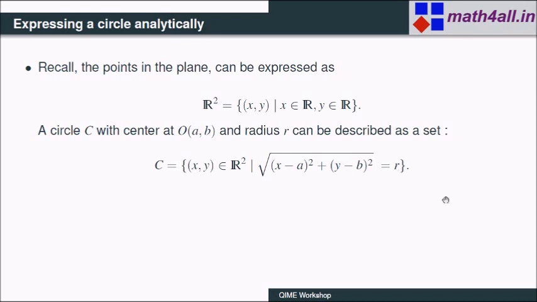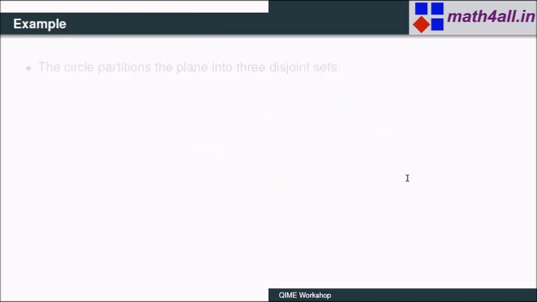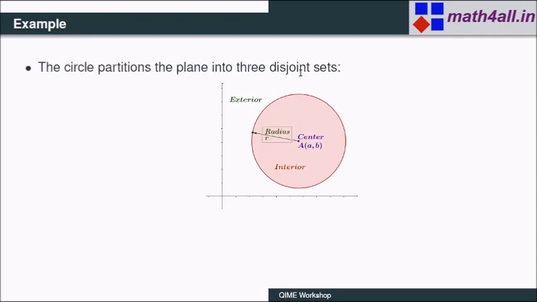So the circle now partitions geometrically. If we look at it, the circle partitions the plane into 3 disjoint sets. Okay, so this is in geometry what we call as the circle, the red one. The pink is called the interior of the circle, and points in the plane which are outside this red circle are called the exterior. So a point is called exterior if it is outside the circle, inside, that is called interior.